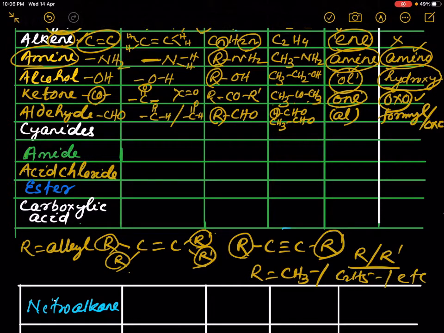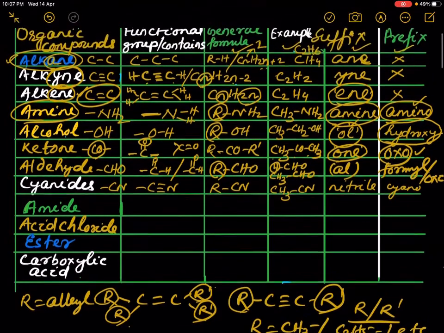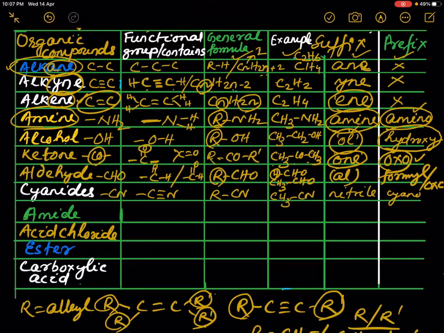Then for cyanides, the functional group is CN. You can write C triple bond N. You can write RCN. This is CH3CN. For cyanide, the suffix is nitrile. Prefix is cyano. For amide, the functional group is CONH2.